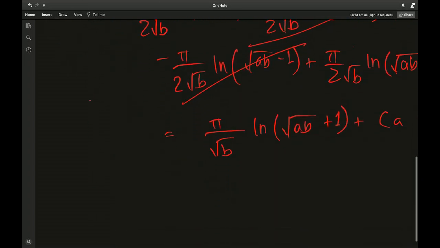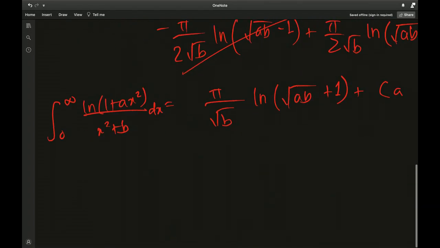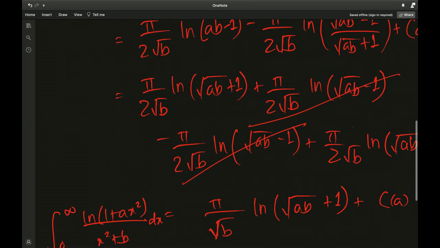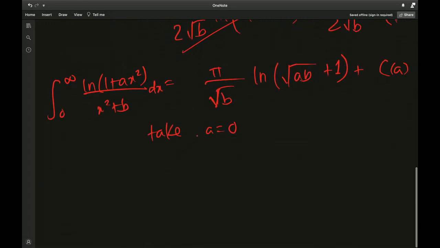And if we want to revert back to what that expression was, we had the integral from 0 to infinity of natural log of 1 plus ax squared over x squared plus b dx. That was the expression of the partial derivative with respect to b of I of ab. So now to find this constant of a, we need to take a as 0, because we integrated with respect to a, so we need to do something on a, because b can be assumed to be a constant.